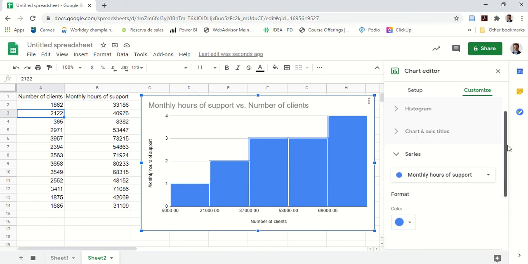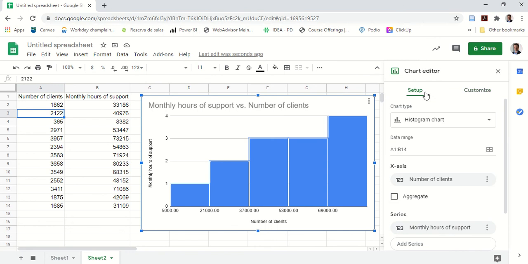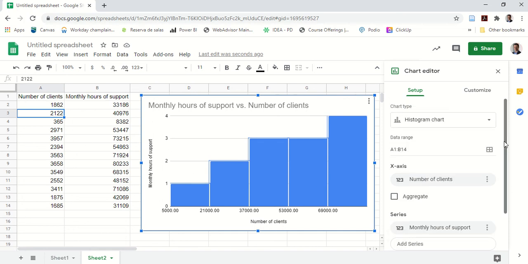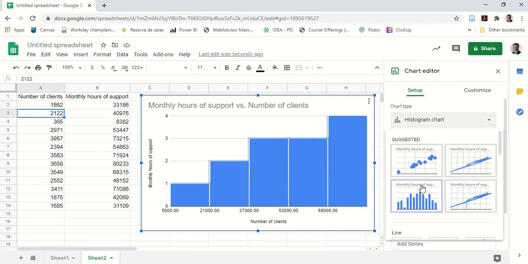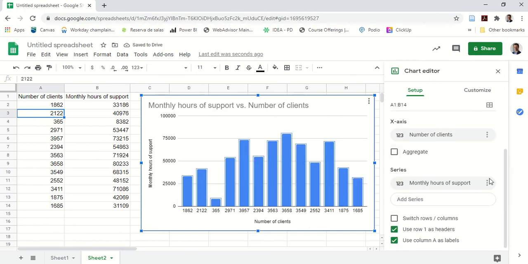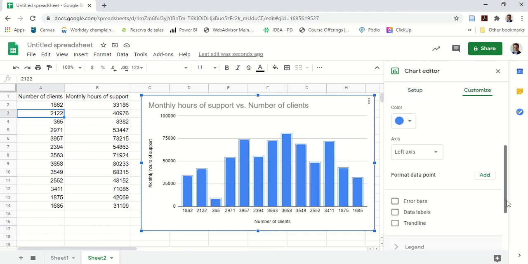So this actually goes to show how important it is to know which type of chart you should choose, because in the histogram, if you make the mistake of choosing a histogram for doing this, you don't even have the possibility of having a trend line. But if you choose the wrong chart, like this one, you will still have that option there, and it makes no sense at all.